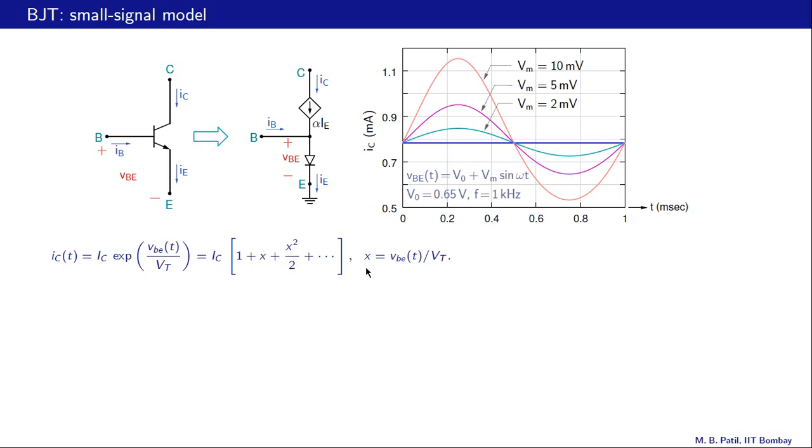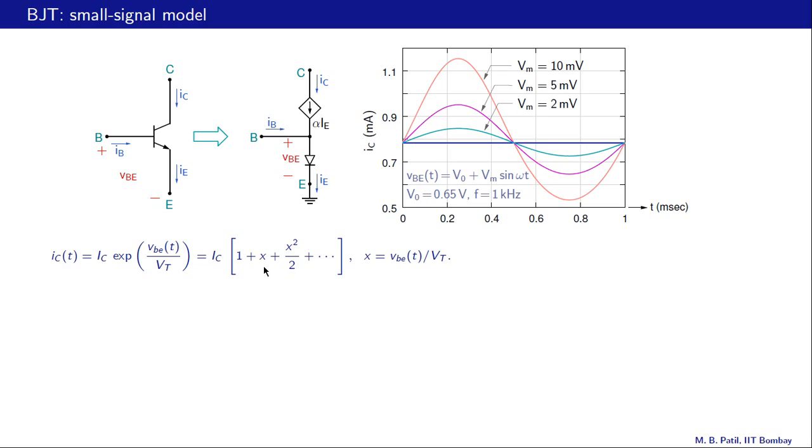So the magnitude of x is always going to be smaller than 2 millivolts divided by 26 millivolts, say 1 by 12. Alright. Now what we will do is expand this e raised to x using the Taylor's series, and this is what we get.